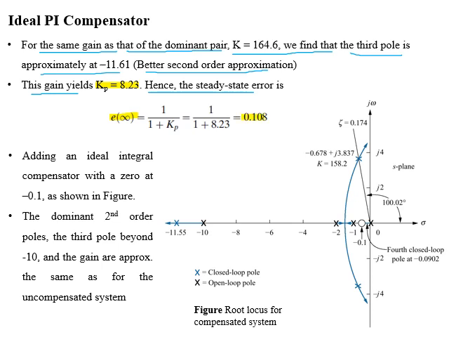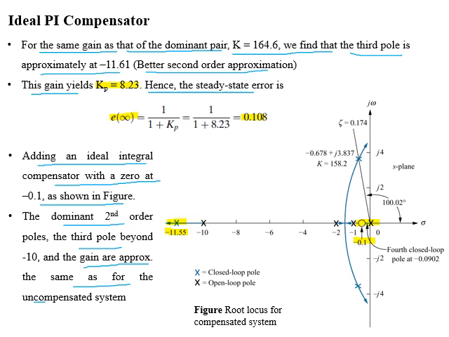Now to make the steady state error zero, we will add an ideal integral compensator with a zero at minus 0.1, which is shown in the figure. Now if you look at the figure, the third pole is at minus 11.55, which is again far away from the dominant pair of poles, so again we have a better second order approximation.